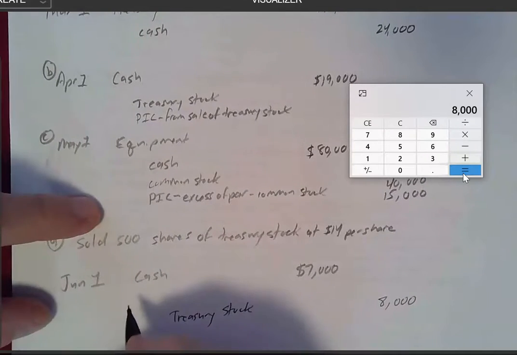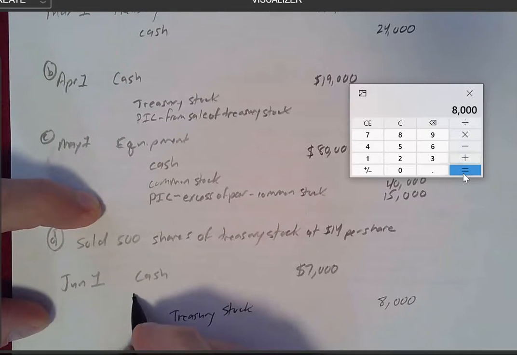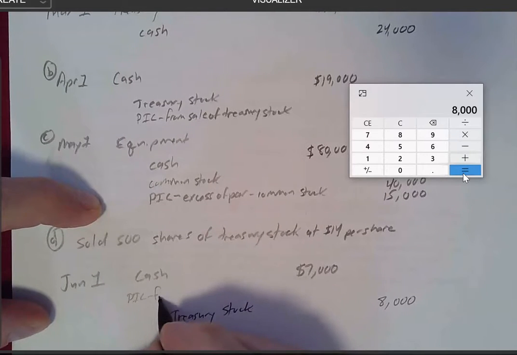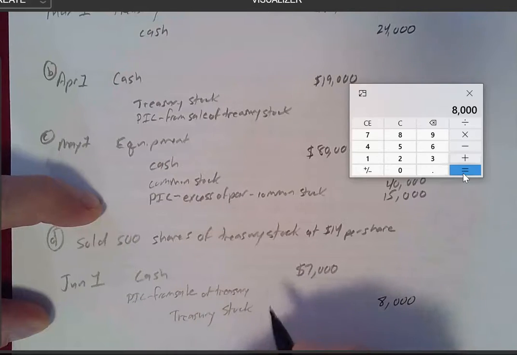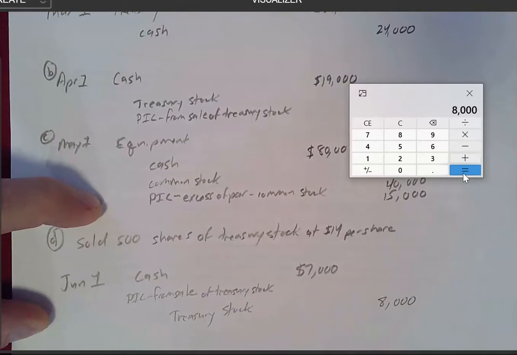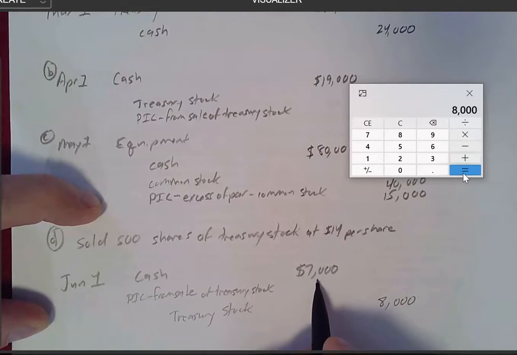And we're going to do that with the same journal entry that we did before. We're going to call it paid in capital from the sale of Treasury stock. And that's going to be for the difference between the $8,000 that we gave up in Treasury stock and the $7,000 that we received in cash.